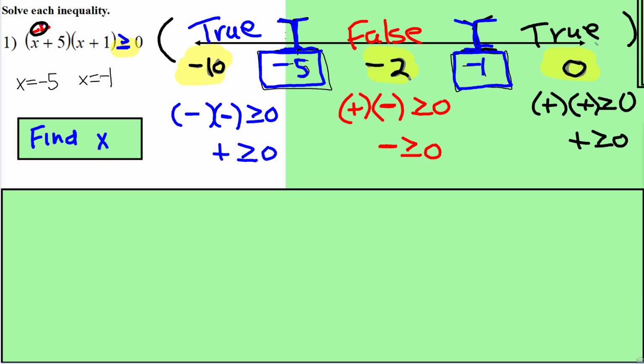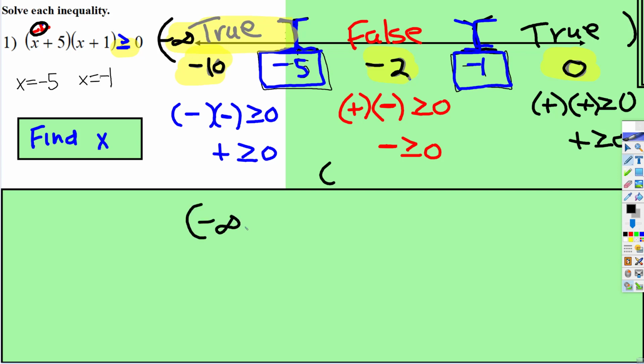So the interval notation would then be this interval right here. Let me clarify this. This interval right through here, even though I chose -10, it's all of the numbers less than -5. So we're going clear out to -infinity.